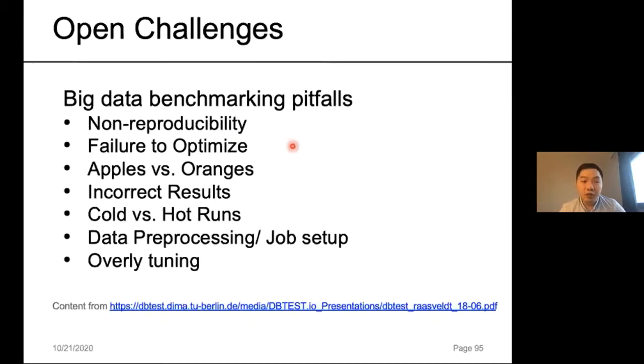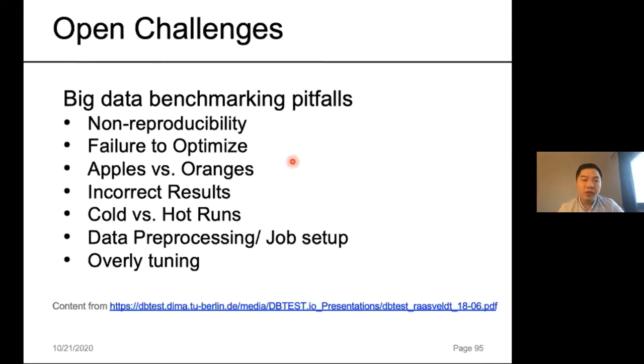And number two, failure to optimize. So this means a minor tuning can change the result significantly. For example, in our work on parameter curation, different parameter values will result in opposite performance results. And number three, apples versus oranges.